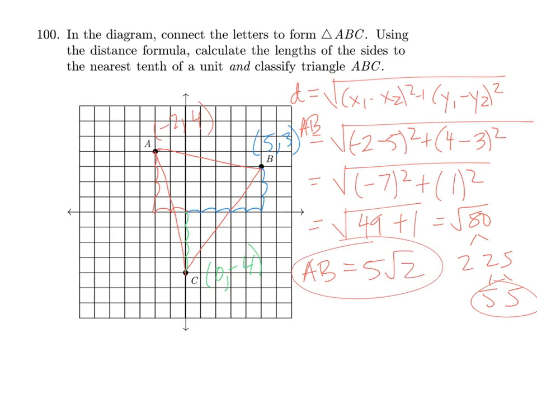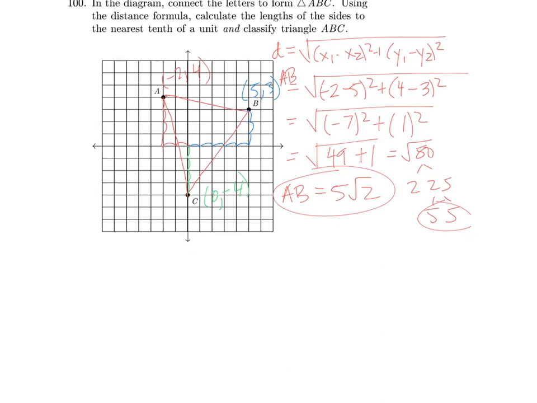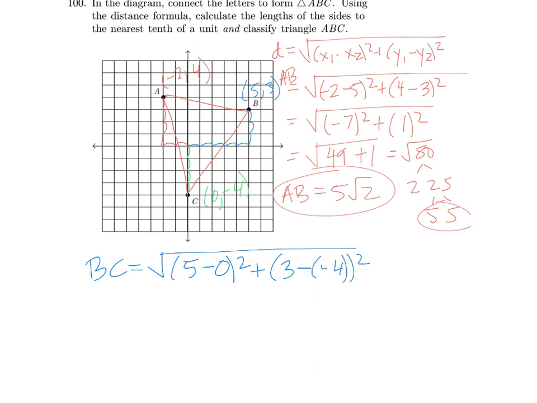All right, going on to another segment. BC is equal to 5 minus 0 squared plus 3 minus -4 squared. 5 squared plus, that's going to be 3 plus 4, so 7 squared.